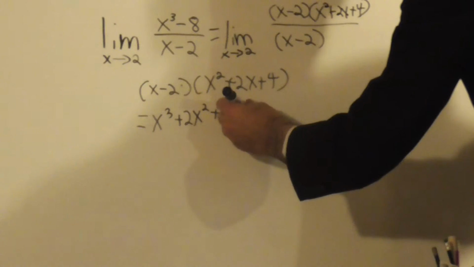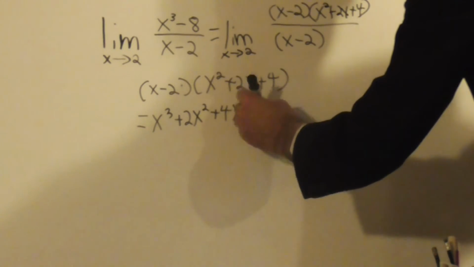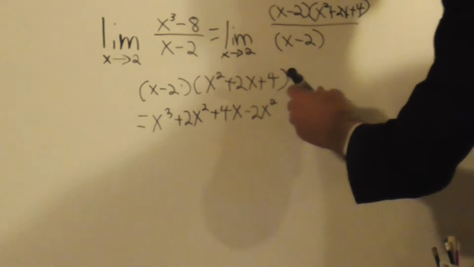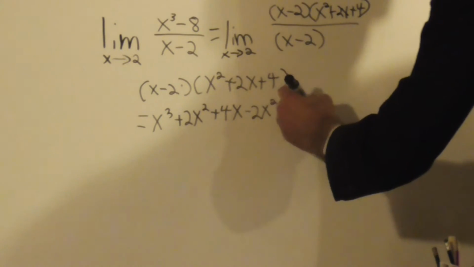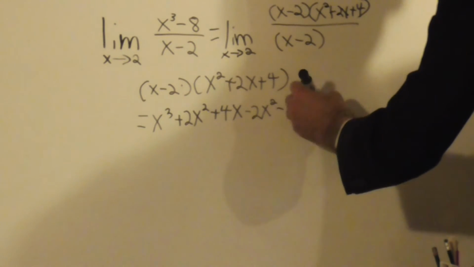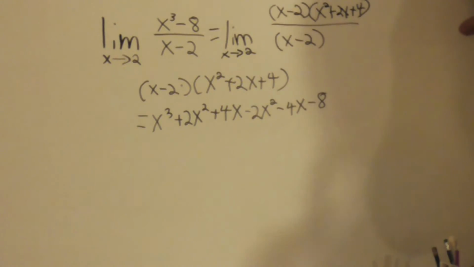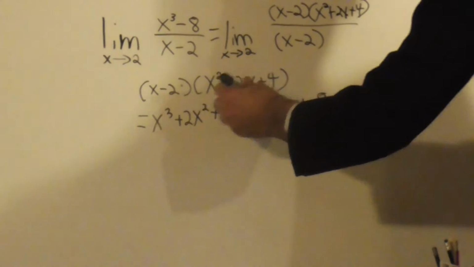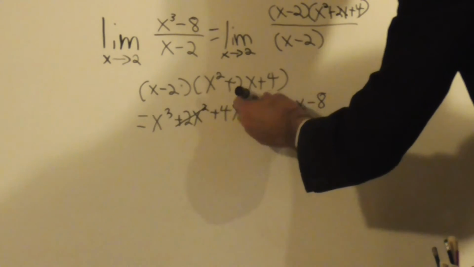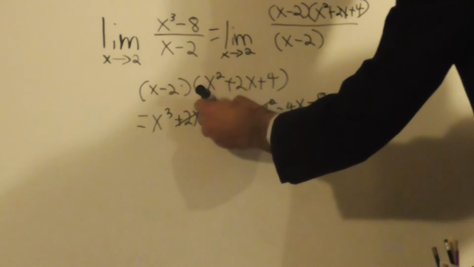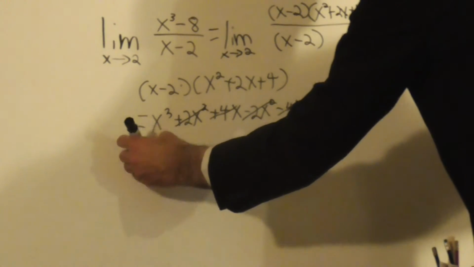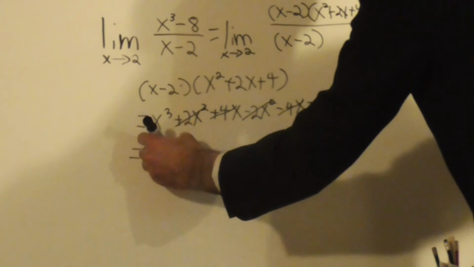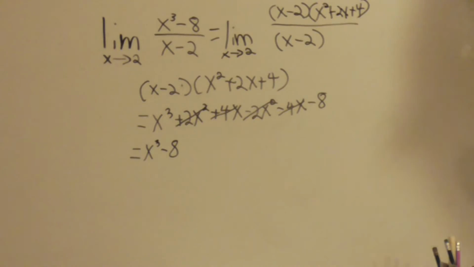So we have negative 2x squared minus 4x, and then minus 8. Now we have to cancel out terms. So we can cancel out these two terms, and we cancel out these two terms, and we are left with x cubed minus 8, which was our original numerator.